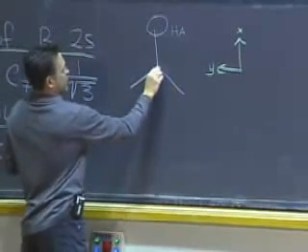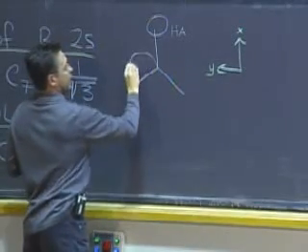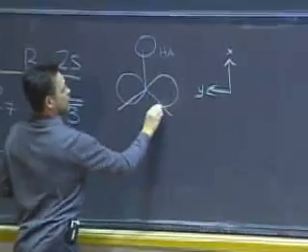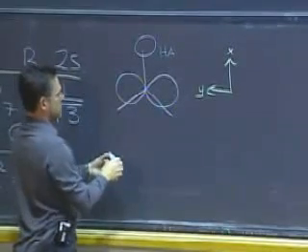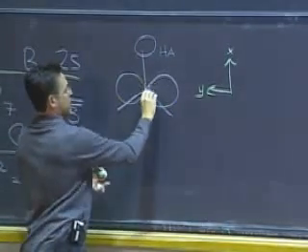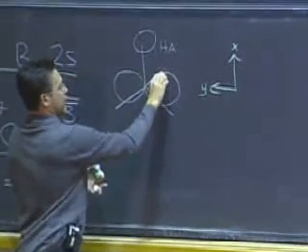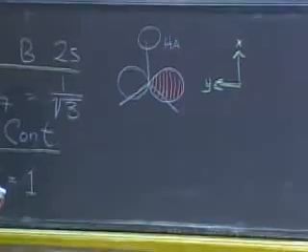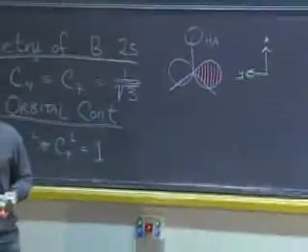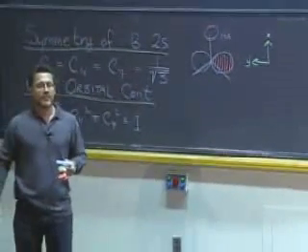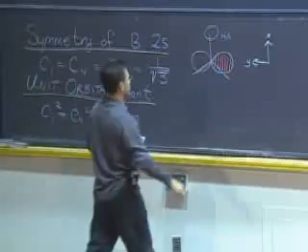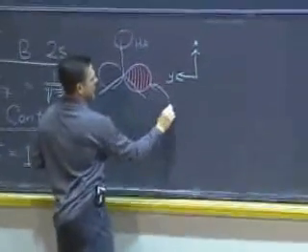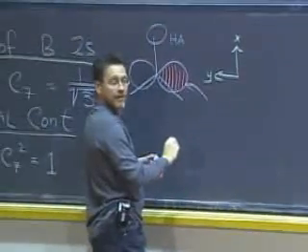And so what I'm going to draw now is a picture of the boron's 2p orbital. And as I usually do, I'm taking the convention that the negative phase lobe of the boron's 2p orbital is shaded. Okay, that's my convention.